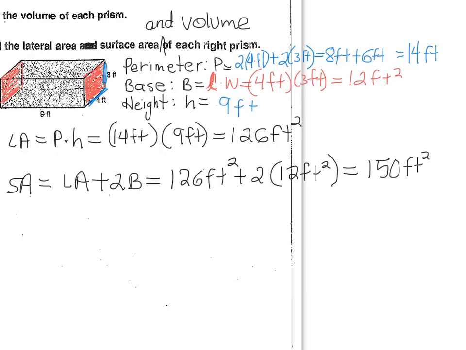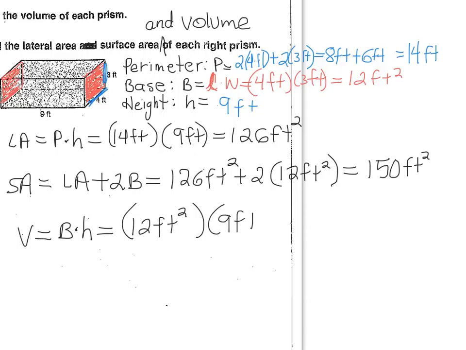When I want to find the volume, it's the area of the base times the height. The area of the base of that rectangle is 12 square feet, times the height, 9 feet.